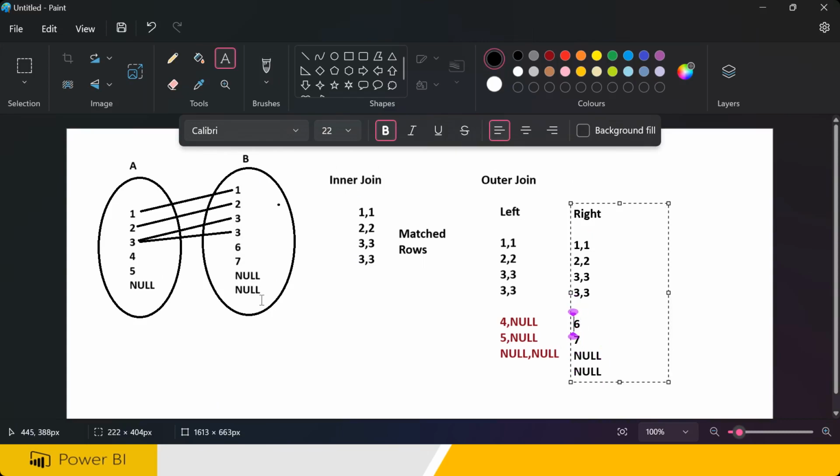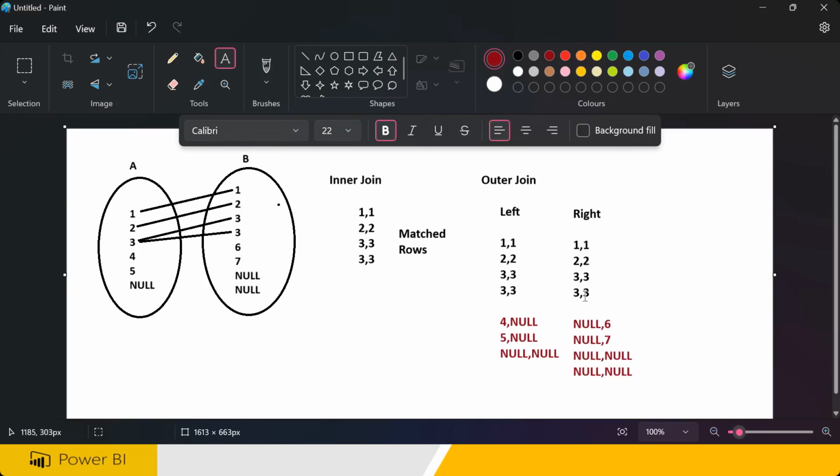This side you don't have anything, you will get null, and this side you don't have anything, you will get null. This is what is called unmatched data from the right data set. So this will be right join.